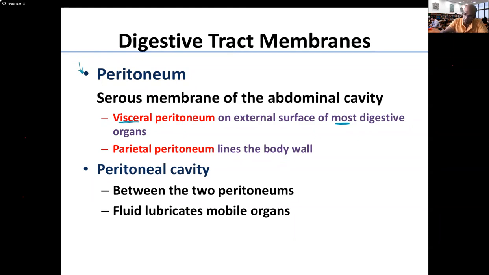And the parietal layer is going to be lining the body wall from inside, the abdominal cavity from inside. The peritoneal cavity is going to be the space between the visceral and the parietal peritoneum. And it's going to be containing fluid that lubricates the movement of the organs.